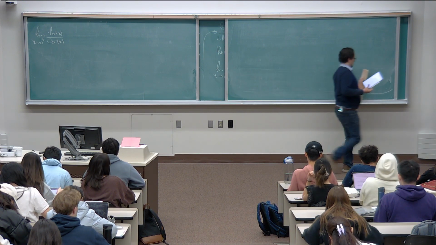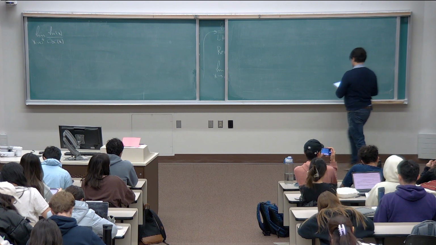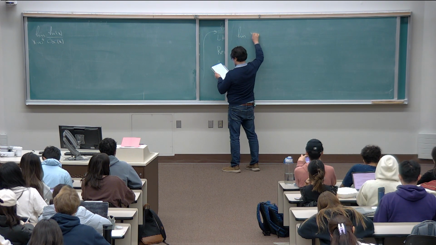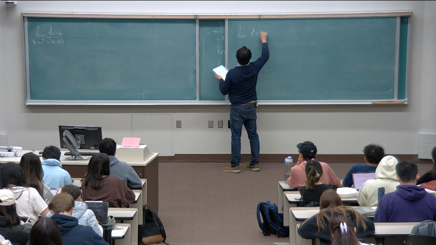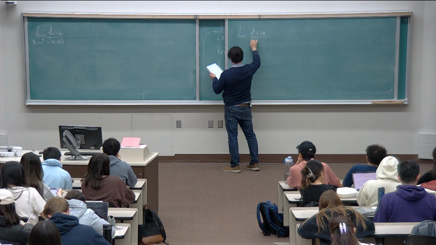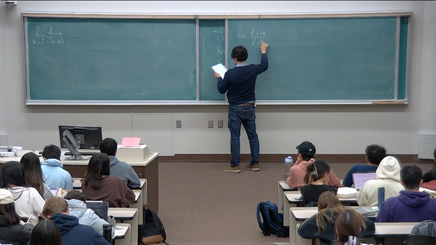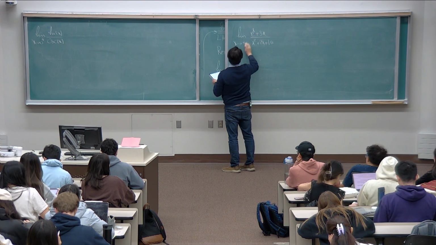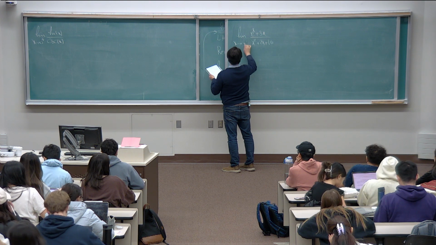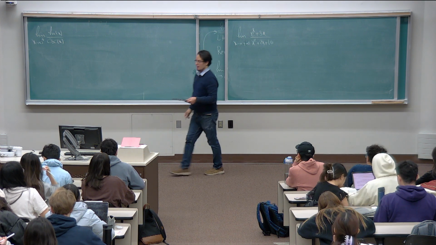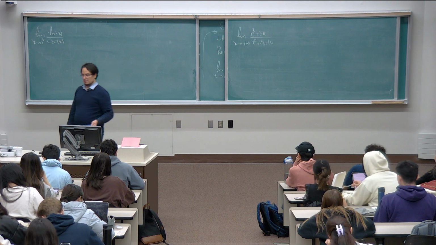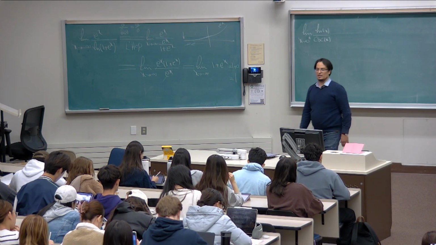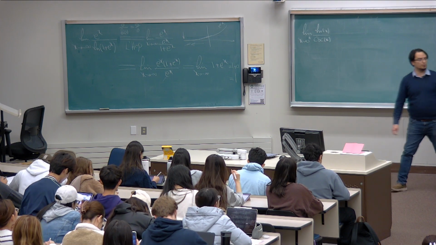So in this case, you get the limit of e to the power x plus 3x over x squared plus 2x plus 10 as x goes to minus infinity or plus infinity. We are almost out of time. Let me at least finish one of these.